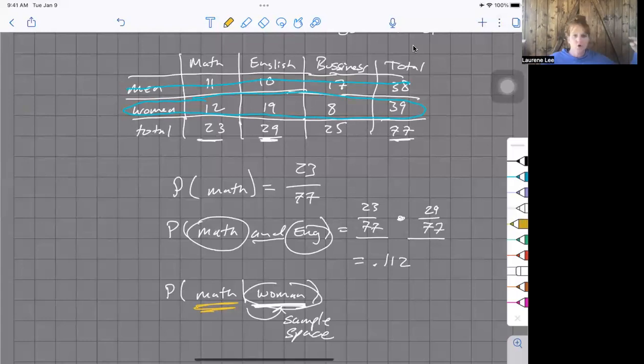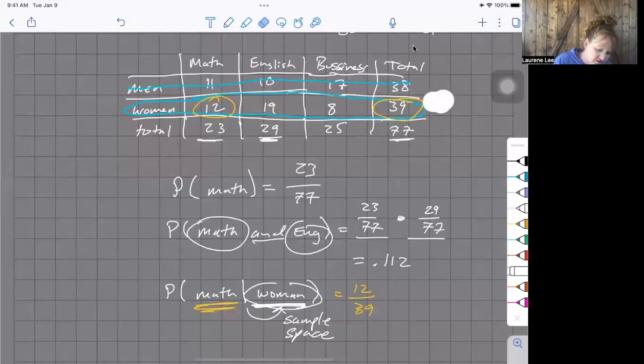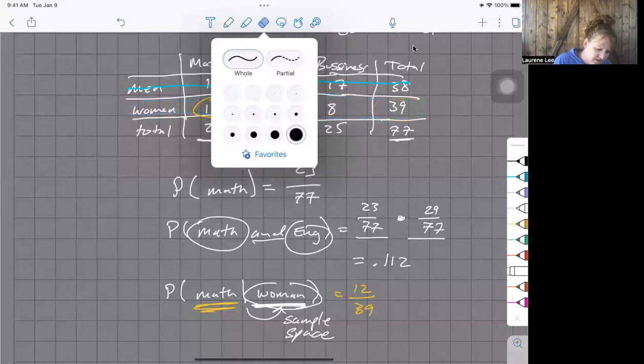So I'm going to that women's line there, finding my math people. And this is going to be 12 out of my total women, not total people, out of 39. See how that happens? It takes the whole table and just shrinks you to look at one piece. Okay, let me do another one of these as an example.